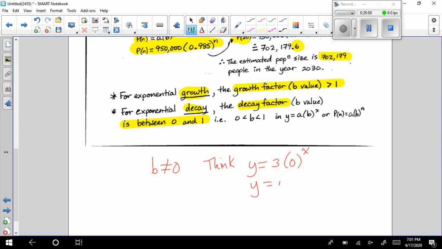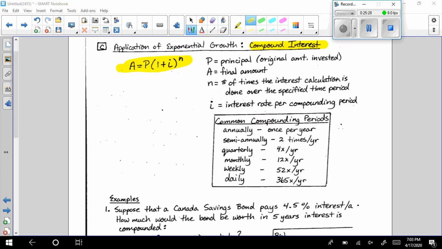So the simplified equation is actually y equals 0. Not an exponential equation at all. In fact, that's an equation of a horizontal line. So in exponential equations, your growth factor is going to be a number bigger than 1, or your decay factor is going to be between 0 and positive 1.